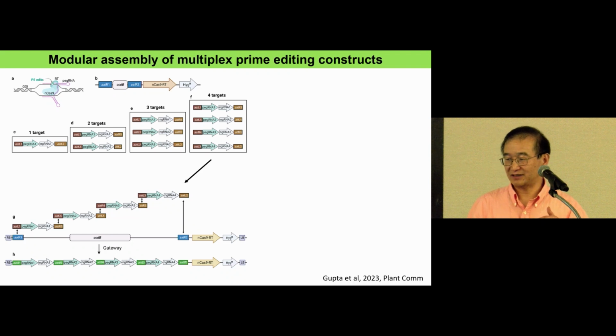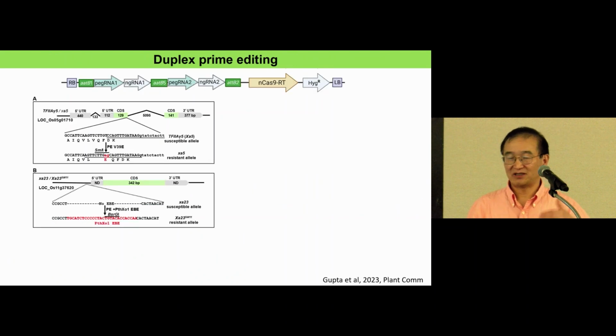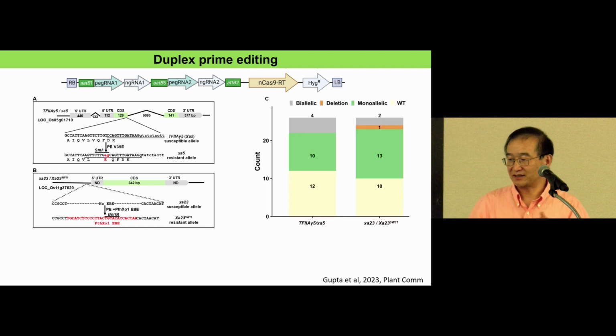To do that, we designed and picked 2 sites, like the XA5 and XA23. Both sites could be for disease resistance, with a first test of the 2 guides. And we put the 2 together, and as you can see, the efficiency is very high in T0 or primary generation.